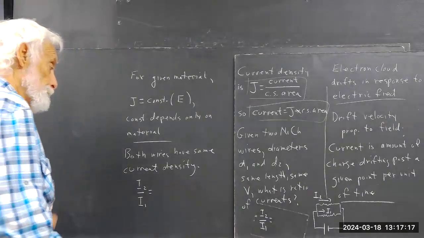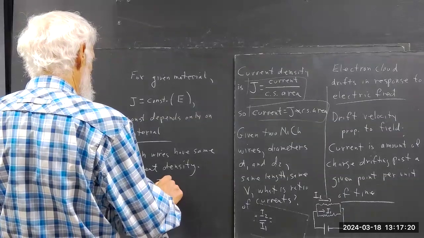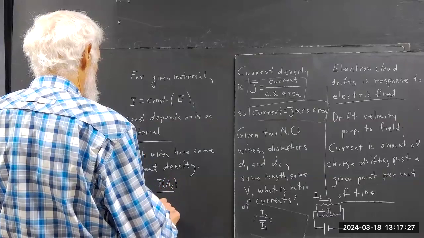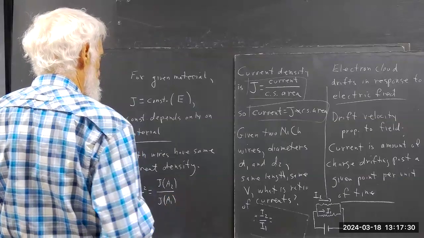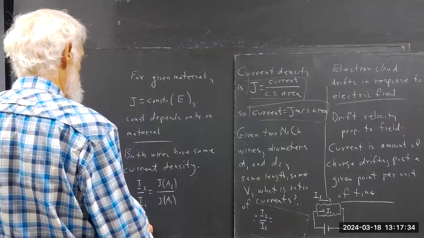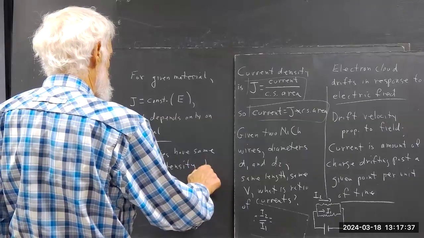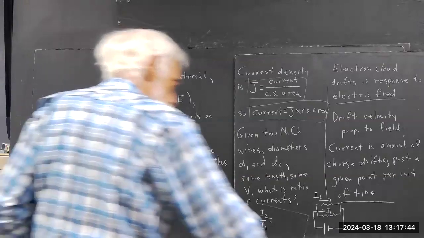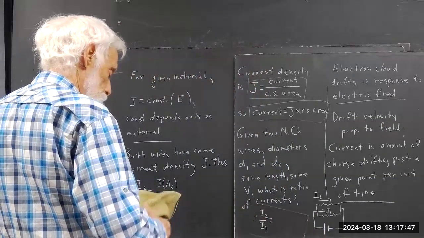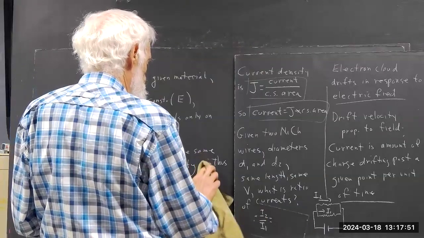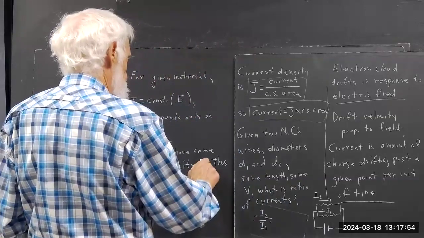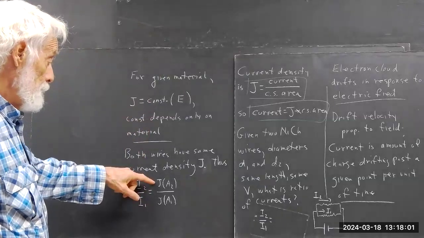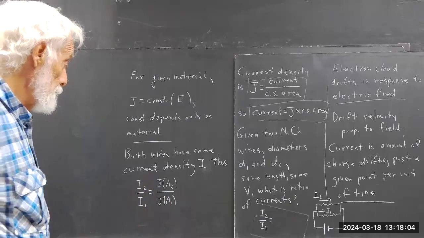Okay, so we're going to have current density. Thus, the ratio of your currents is going to be J, whatever it is, times the ratio of your areas.